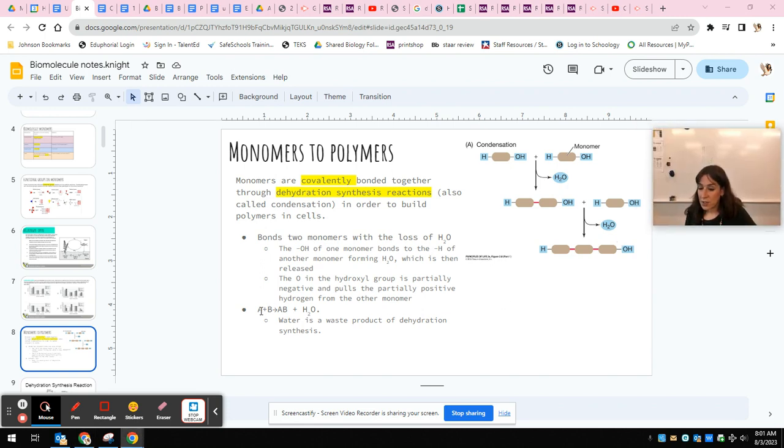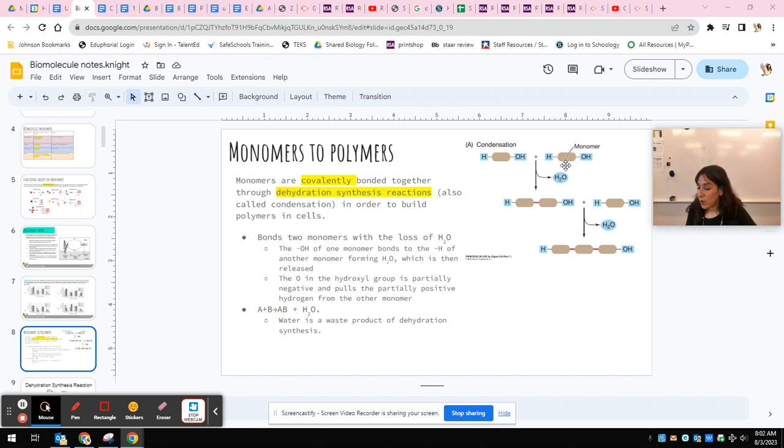And so the summary of a dehydration synthesis reaction is monomer A plus monomer B yields product AB. So A and B are now bonded together plus one water molecule as a waste product, and that's why it's called this. Synthesis means to build, dehydrate means to lose a water molecule. And this summary diagram is showing a basic reaction of dehydration synthesis.